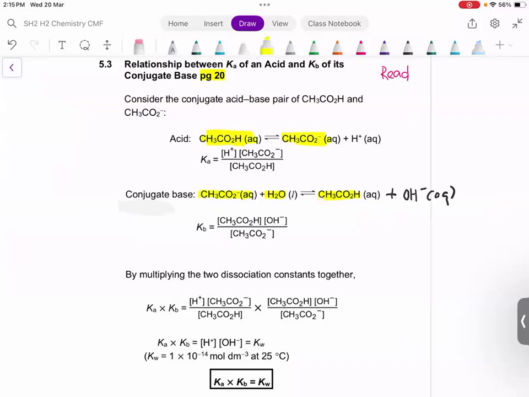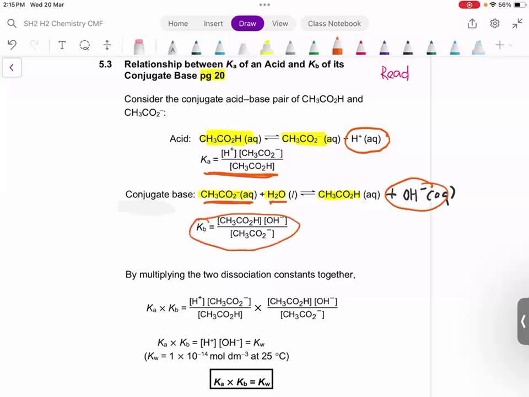If you look at the Ka expression, H plus is released here, so the Ka expression will be as such. When your conjugate base reacts with water, OH minus is released, so the Kb expression will be as such.